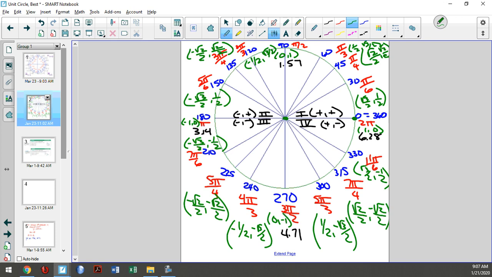Now, how in the heck do you memorize that? Very good. I don't know. There's some lovely little tricks to it. Are you listening? How do I remember my radians? My radians can be remembered by looking at the denominators and counting down. 2, 3, 4, 6. 2, 3, 4, 6.